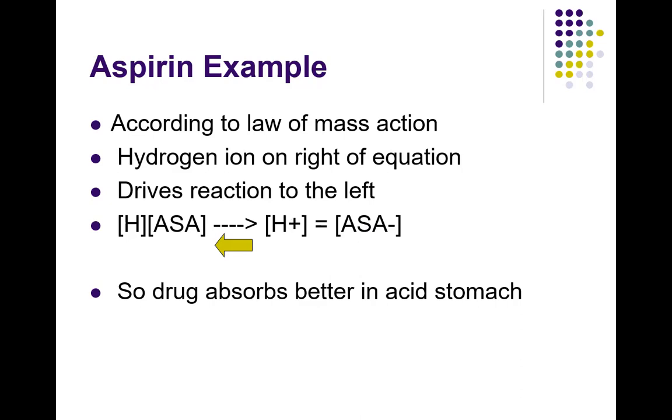So when we look at aspirin, where's the best place for it to absorb? It absorbs best in the stomach. The stomach is a highly acidic environment. There are lots of free floating hydrogen ions in the stomach.